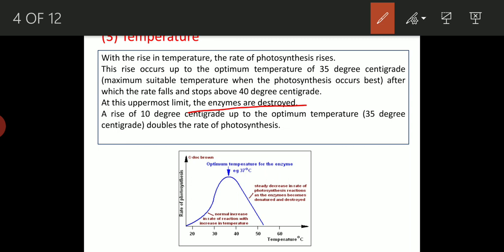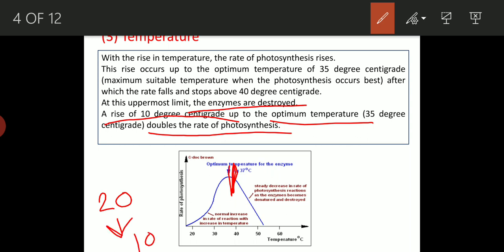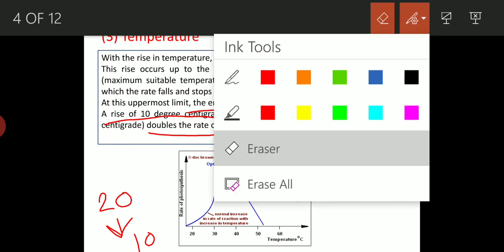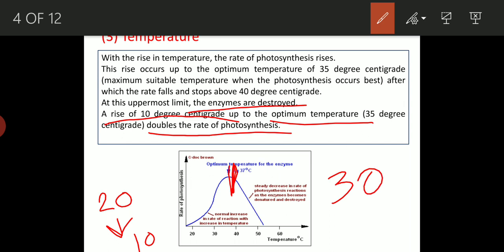And up to that optimum temperature, that means up to this 37 or 35 degrees centigrade, for every 10 degree rise of the temperature, the rate of photosynthesis doubles. For example, if at 20 degrees centigrade the rate of photosynthesis is 10, then at 30 degrees this will become 20.